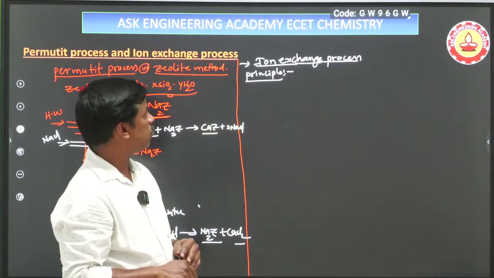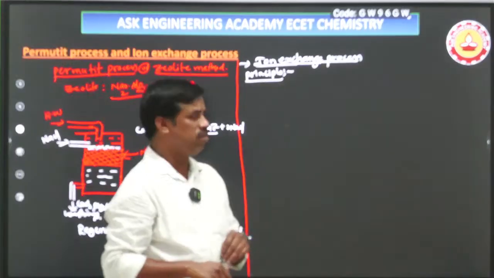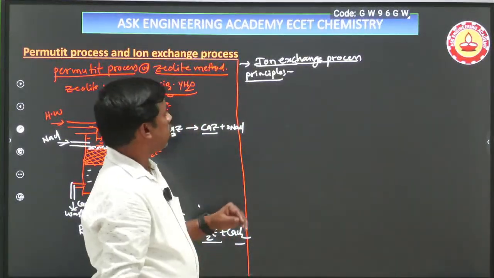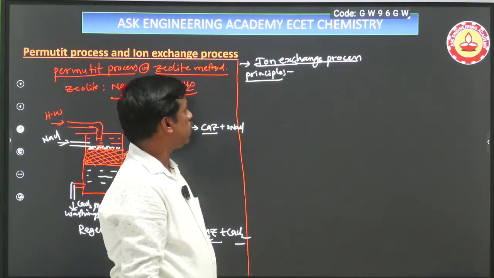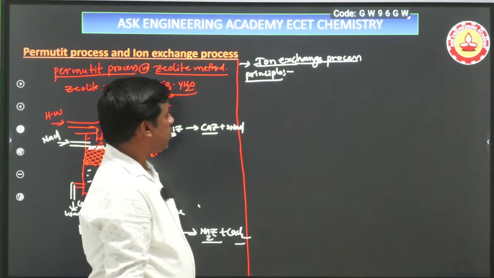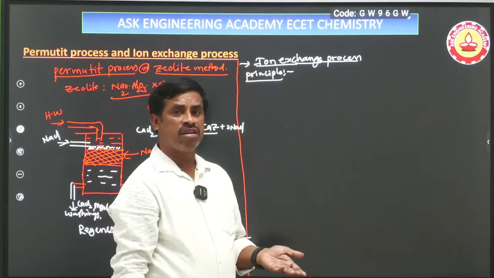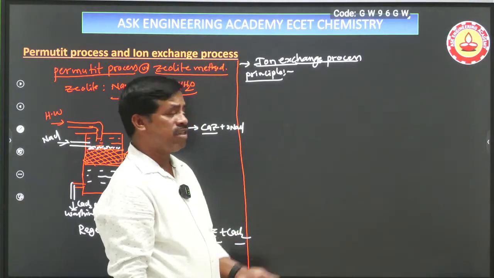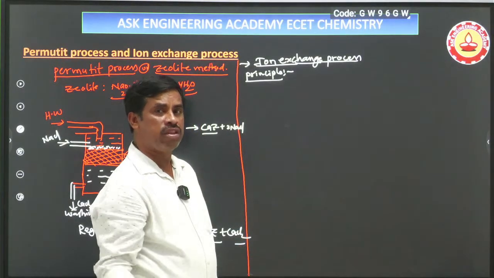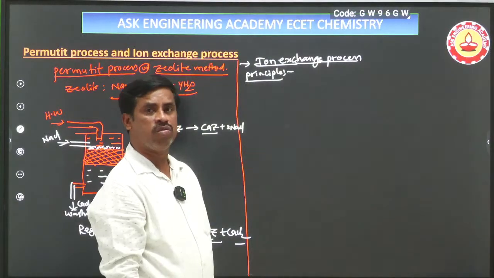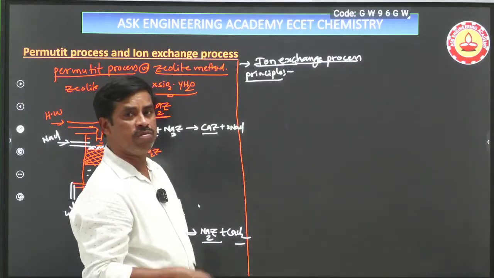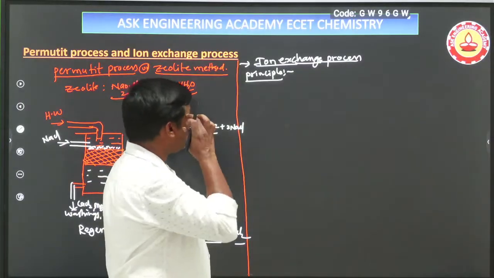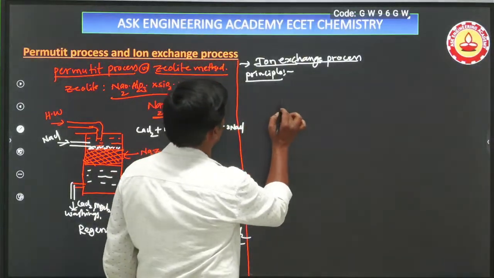Cation exchange resin and anion exchange resin are used for removing the cations and anions from the dissolved hardness causing calcium and magnesium impurities. Here I am drawing a simple diagram.